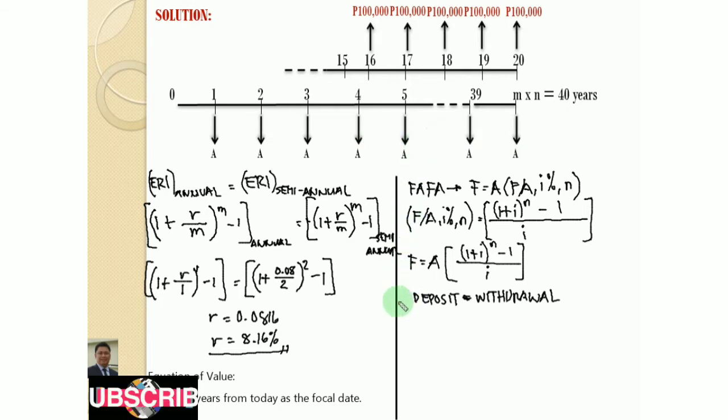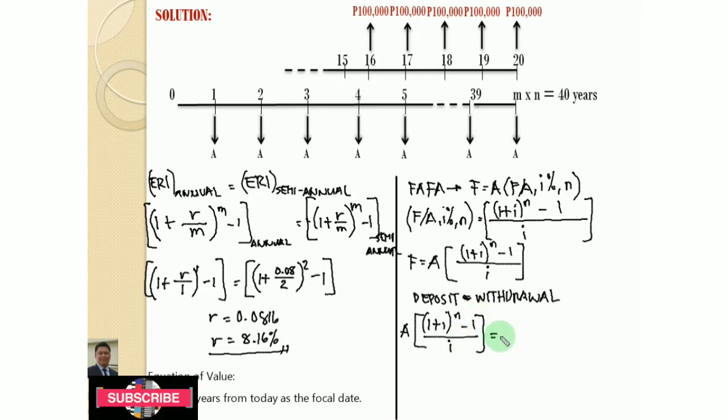So this is equal to annuity A times (1 plus i) raised to the n minus 1 all over i.